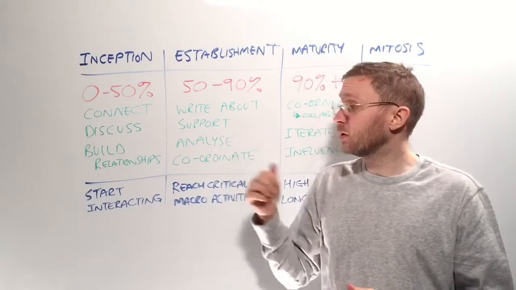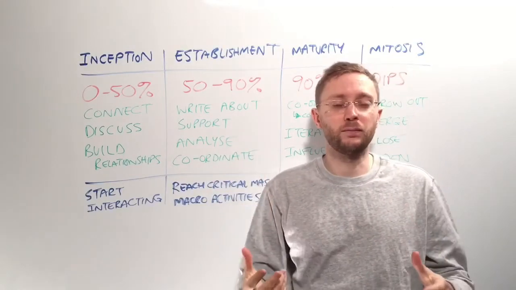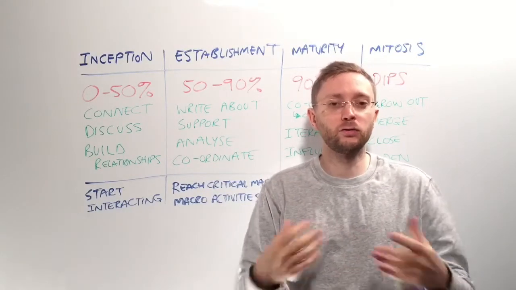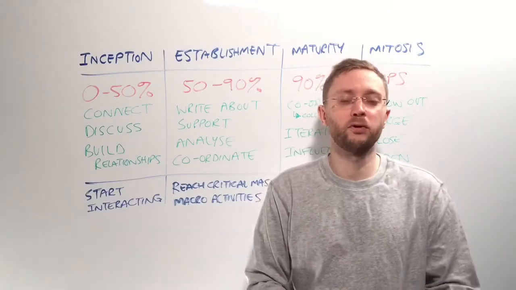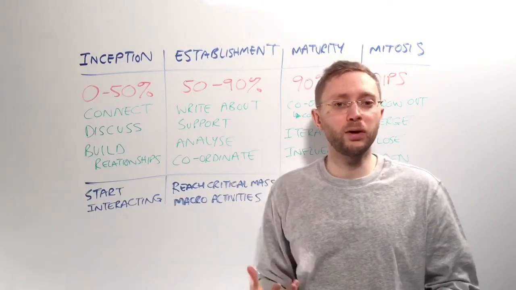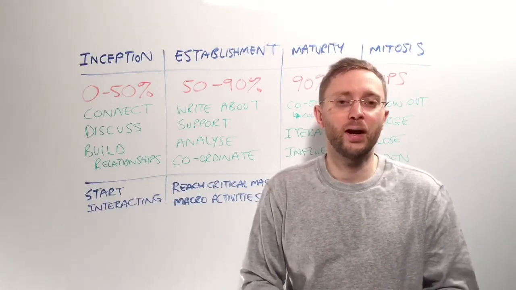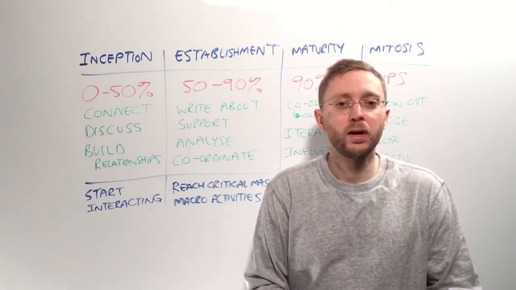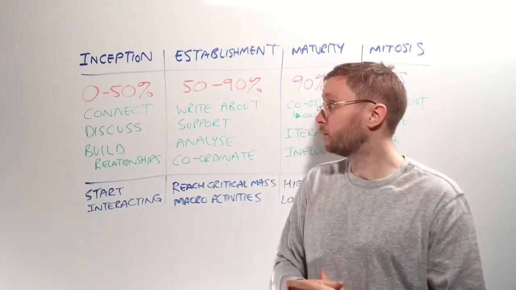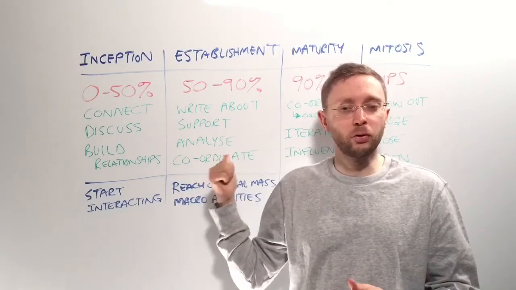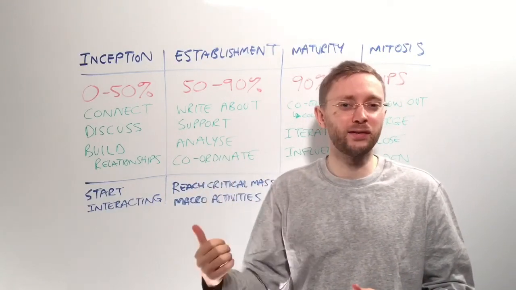So in establishment, you're going to start writing about the community. You're going to start curating content and talking about that community, talking about what's important, bringing those people in and really start delving into what that community can add, what's important to other people, and how other people can get involved. You're going to support people with their questions, in their discussions.